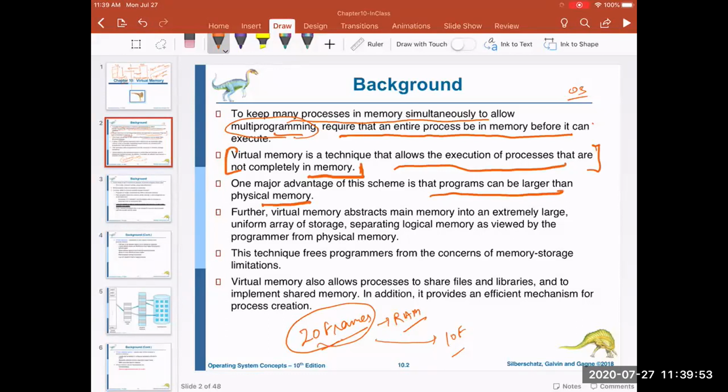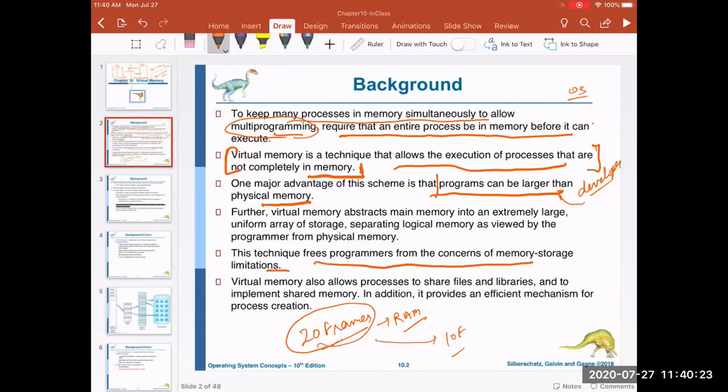Here the developer gets some relief; he or she need not look at what the RAM of the computer is. They can independently develop the program, and it is the task of the operating system or the virtual memory to manage the program efficiently. This technique also frees the programmer from the concern of memory storage.